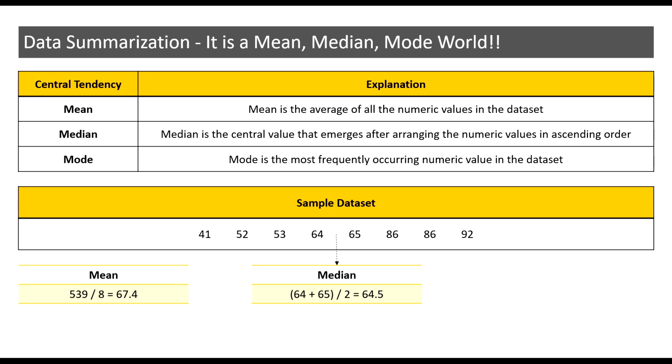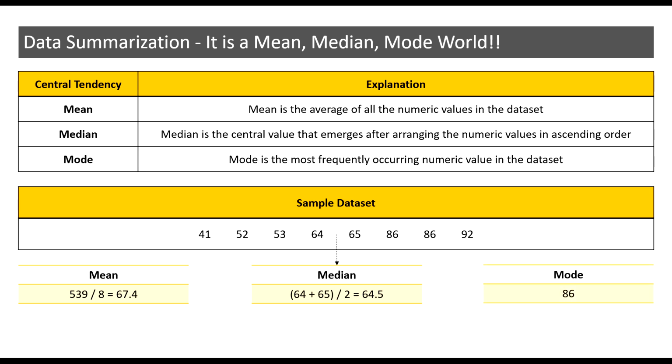Since there are 8 observations or values, the central value lies in between the 4th and the 5th observation, that is, between 64 and 65 respectively. Hence, we take the average of the 4th and the 5th observation, which is 64 plus 65, divided by 2. That naturally yields a value of 64.5.